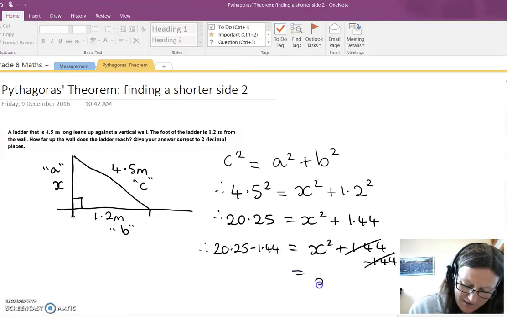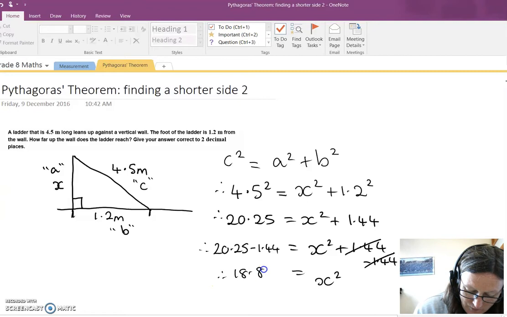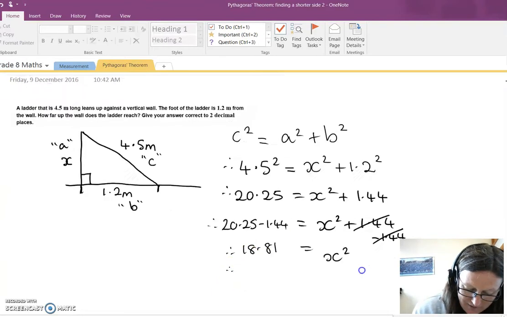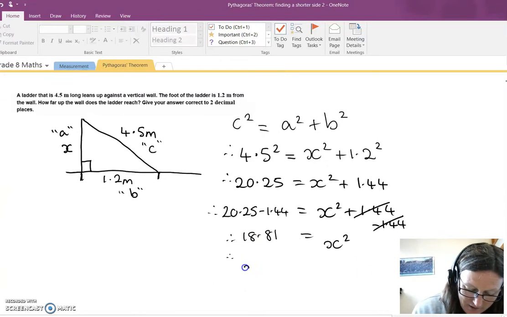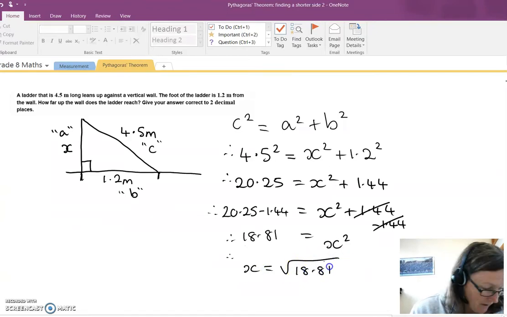That leaves me with x squared on the right hand side, and on the left hand side it leaves me with 18.81. I want to find x though, not x squared, so x would be the square root of 18.81.